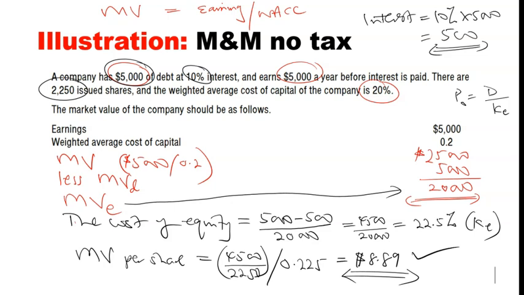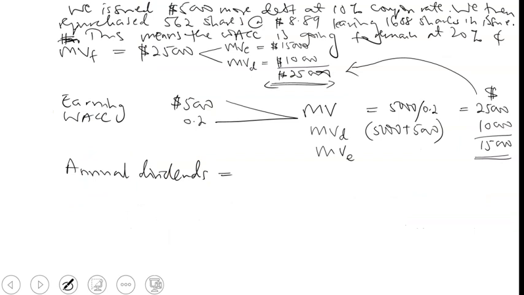I mean, they were 5,000 before the interest, but now we put interest, and the interest was 500, so they were reduced to 4,500. But in this case now, the dividends are going to be reduced from 5,000 to 4,000 because the interest has increased.